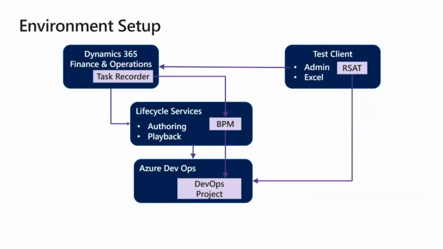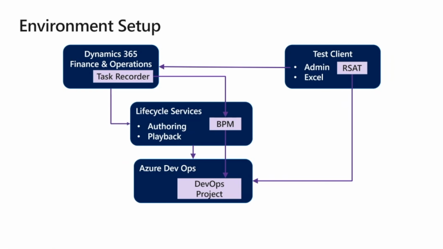So this slide comes from my colleagues who gave the RSAT TechTalk. It walks you through the different major components involved in creating regression tests. The starting point is the LCS library and the Business Process Modeler, or BPM. This is where you have stored and defined your business processes. These business processes are then recorded in Dynamics 365 with the task recorder by functional users and pushed or saved into the BPM.